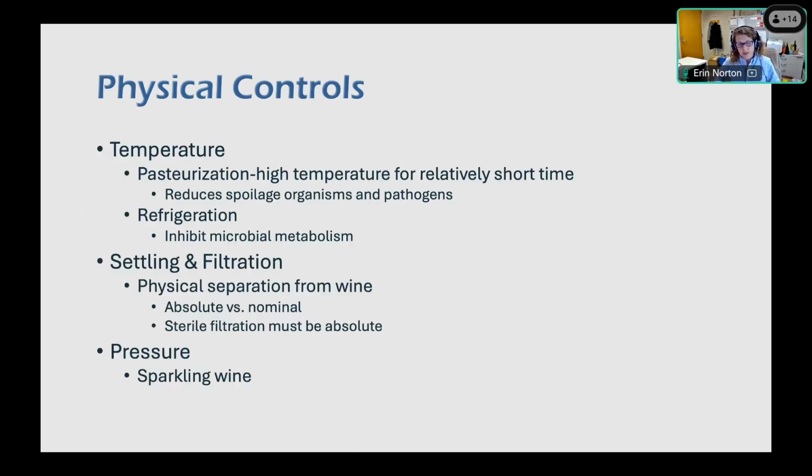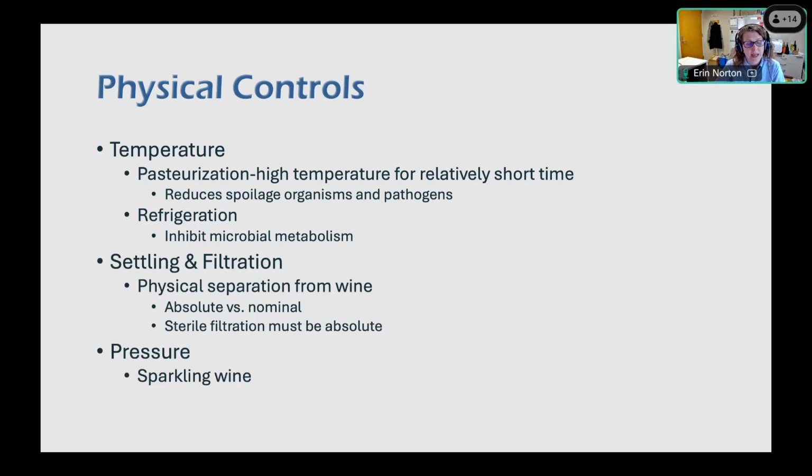One of the ways that I suggested was physical controls. There are some of these that we all take. Temperature, controlling temperature. You can do a cold soak on red grapes. You could just keep grapes in a refrigerator, a refrigerated room or refrigerated truck before processing.